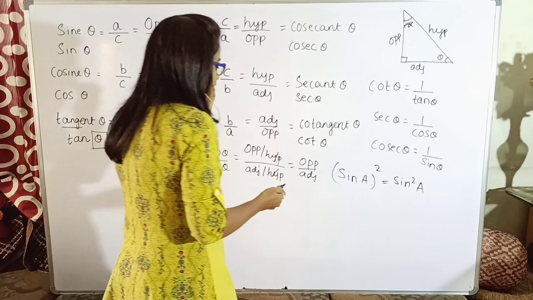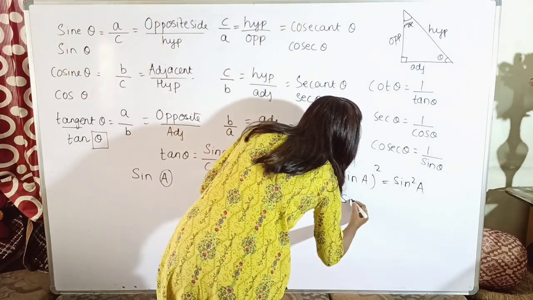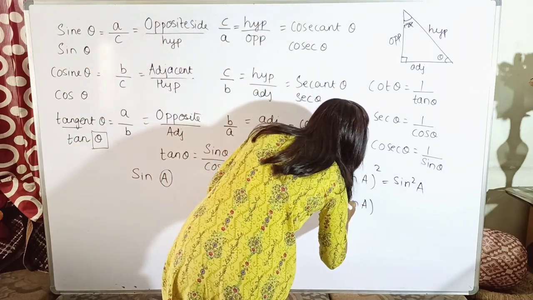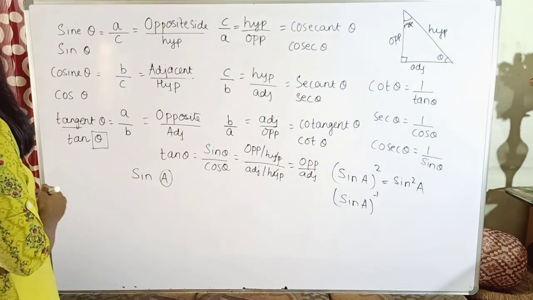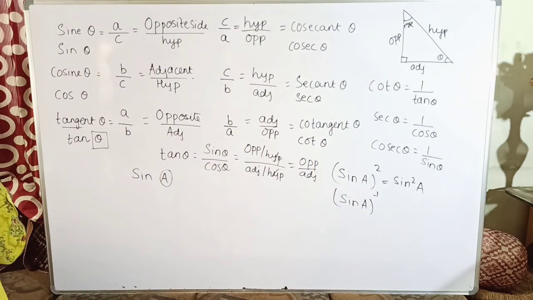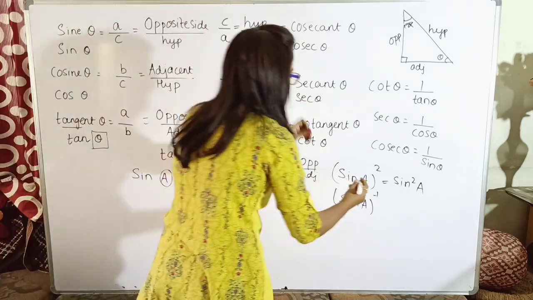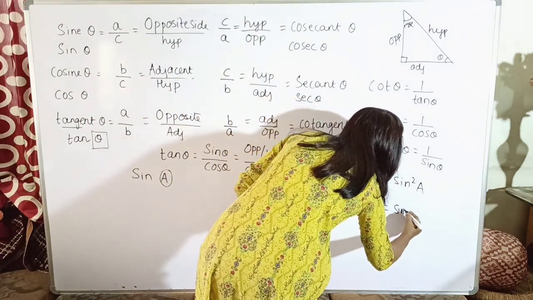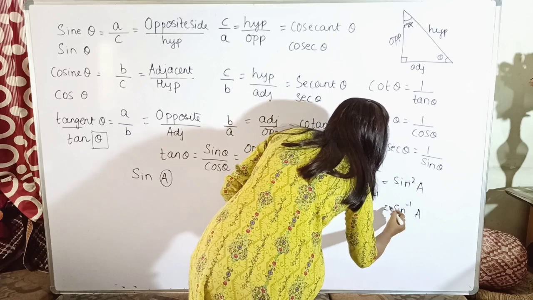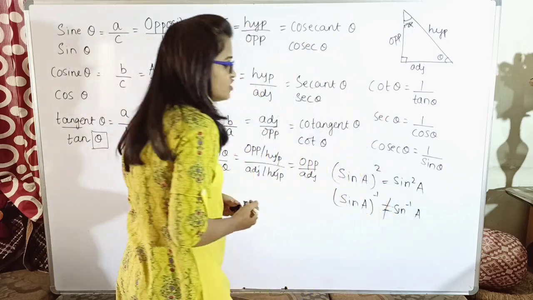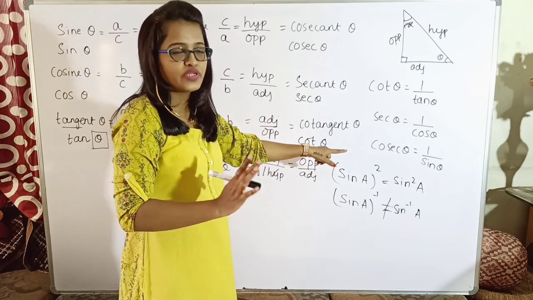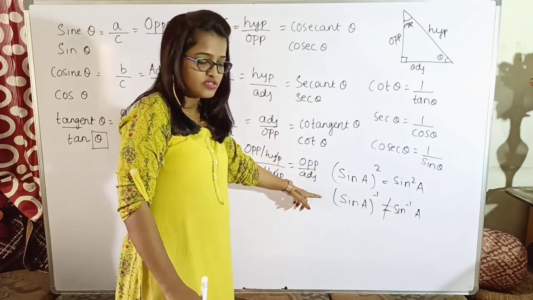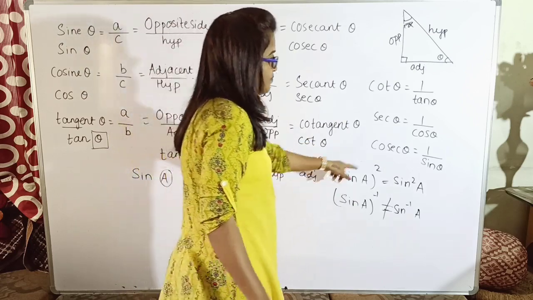Yes, but if I write sine A inverse, what does it mean? It cannot be written as sine inverse of A. No, these are actually not equal. With respect to square, you can write it as sine square A. But when you are taking inverse, what is the inverse of sine A?